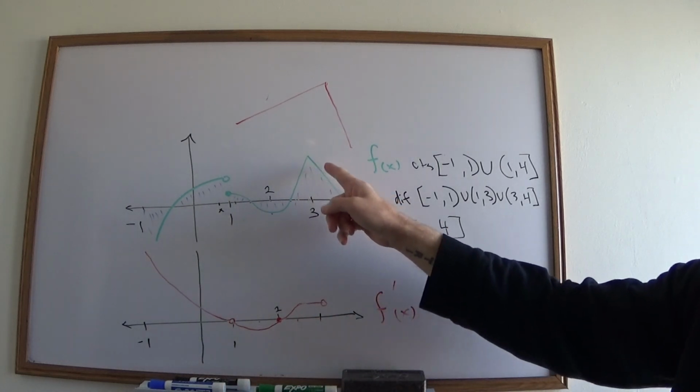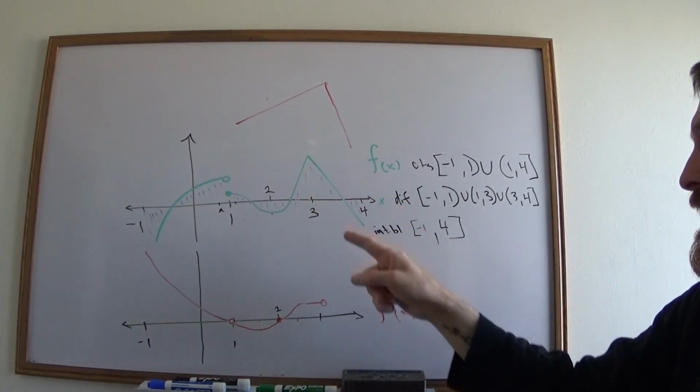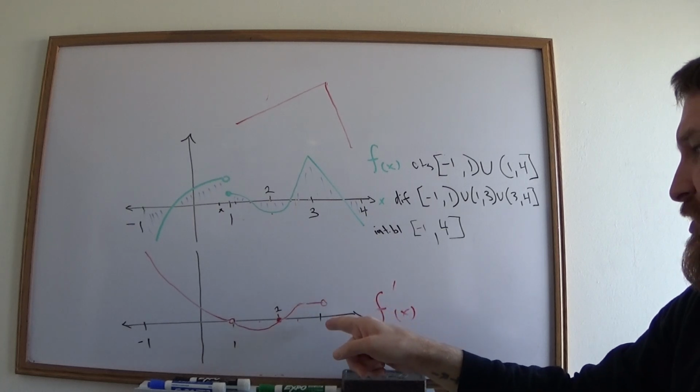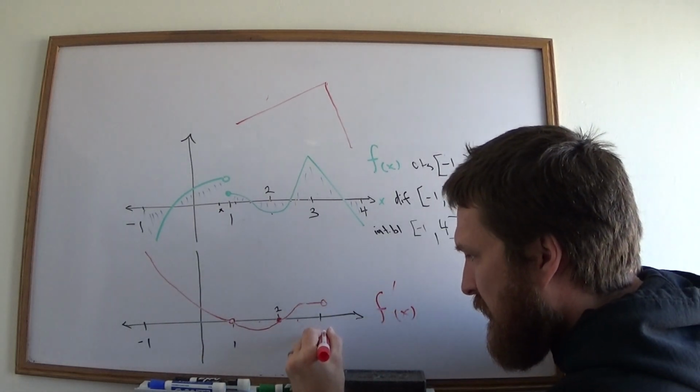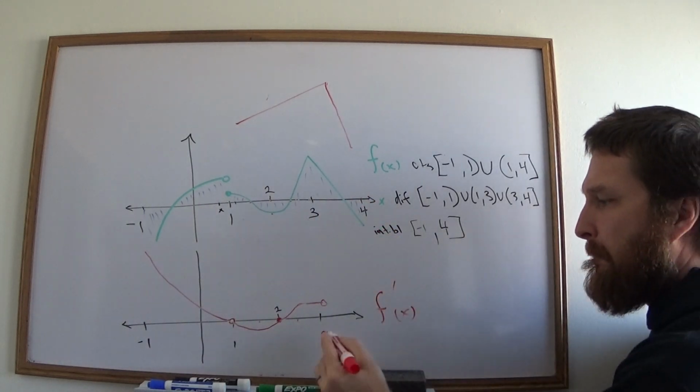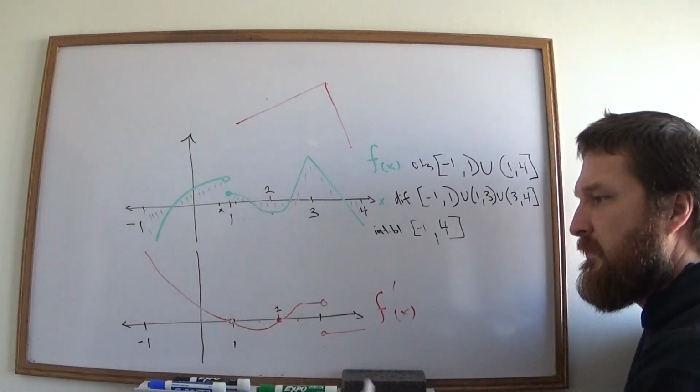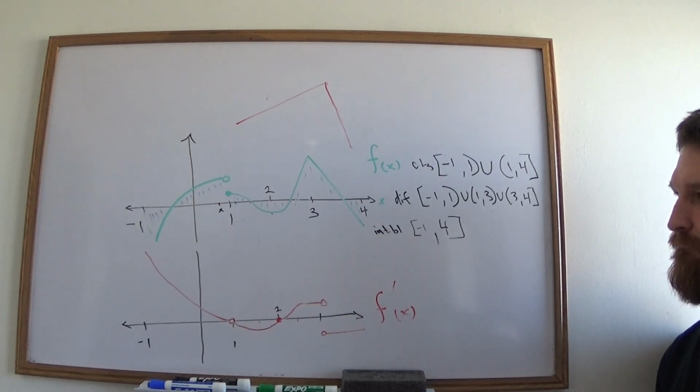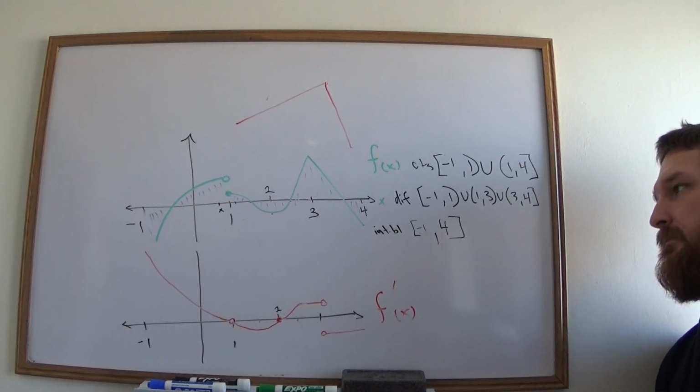Here it looks like about the same, so I'm going to say, whatever it was up, now it's just become negative, and so it's negative here. And is the slope constant? Yeah. So in that case, I would do this. There you go. Okay.